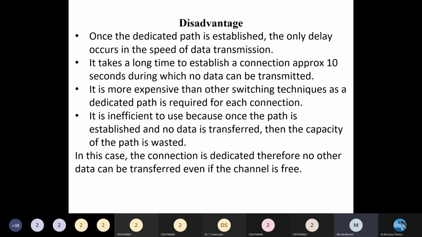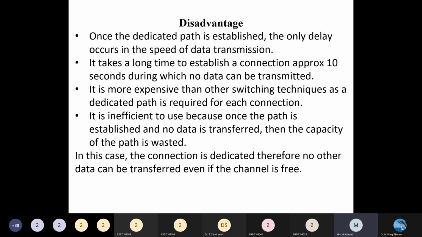So in this circuit switching, efficiency and delay are given. Another one is the advantage, that is, no waiting time at each switch. The total delay is due to the time related to create the connection, transfer the data and disconnect the circuit network.